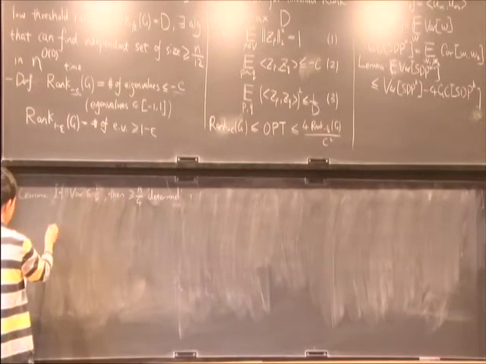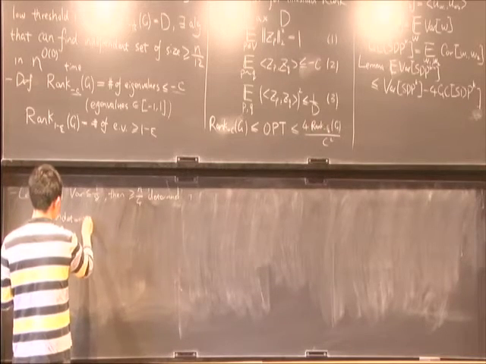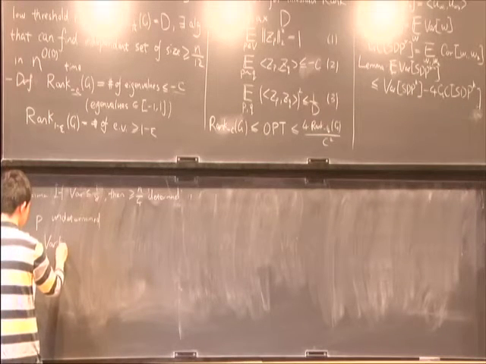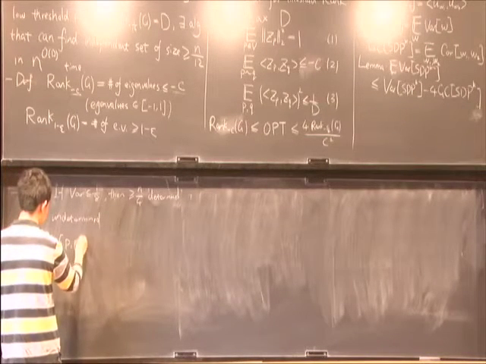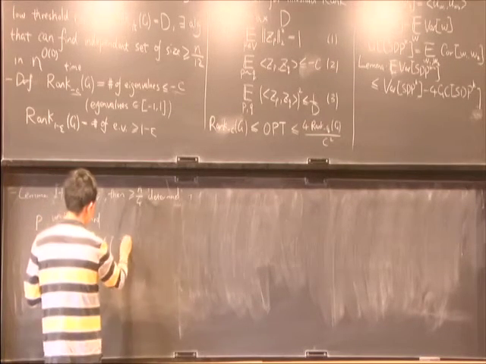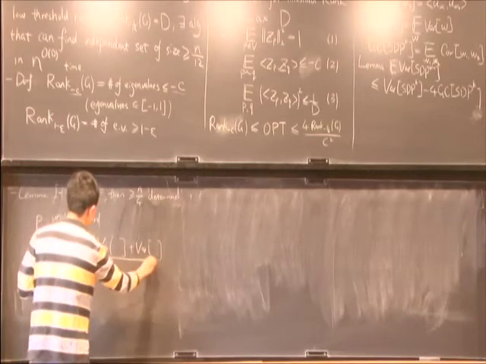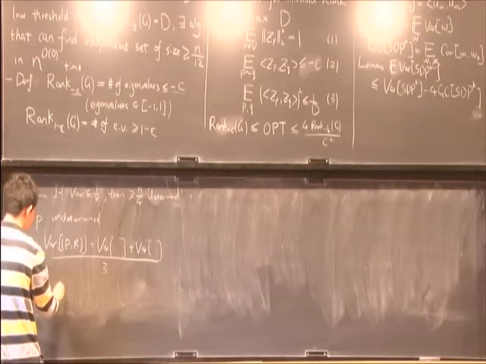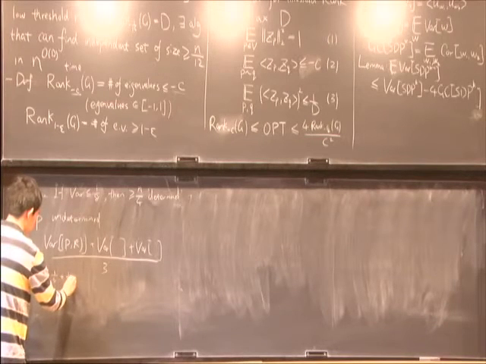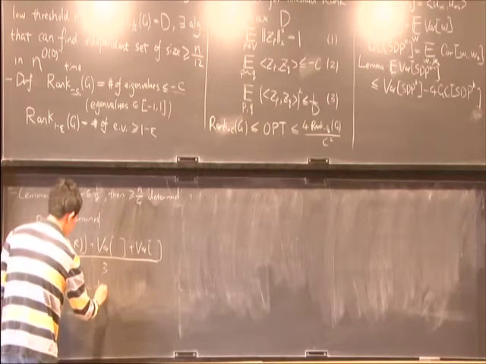This is simple because vertex P, if it's undetermined, then the variance of P red plus the variance for the other two events over 3 is at least 1/4 plus 1/4 plus 0 over 3, which is 1 over 6.